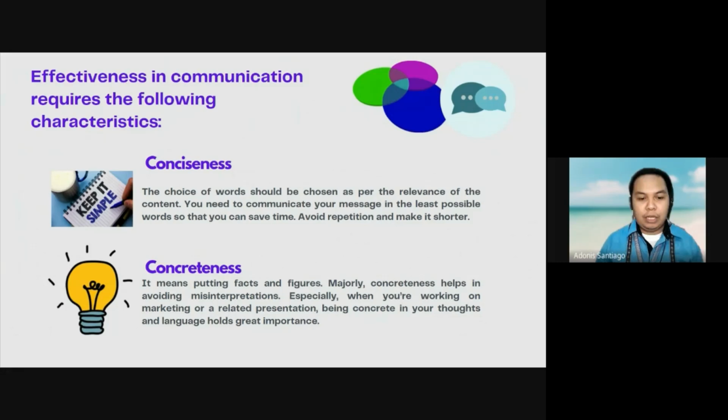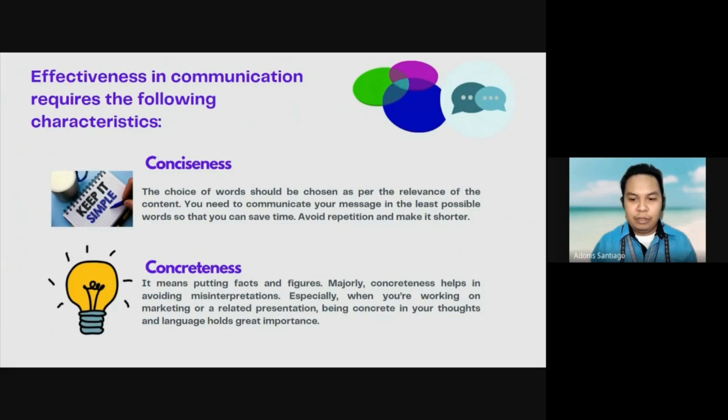Next, we have the concreteness. Now, this is very important in research. We need to put facts and figures in what we're trying to say. We need to put references. We need to say "according to." We need to have a lot of evidence on what we're trying to say so that it will not look like just a rumor.